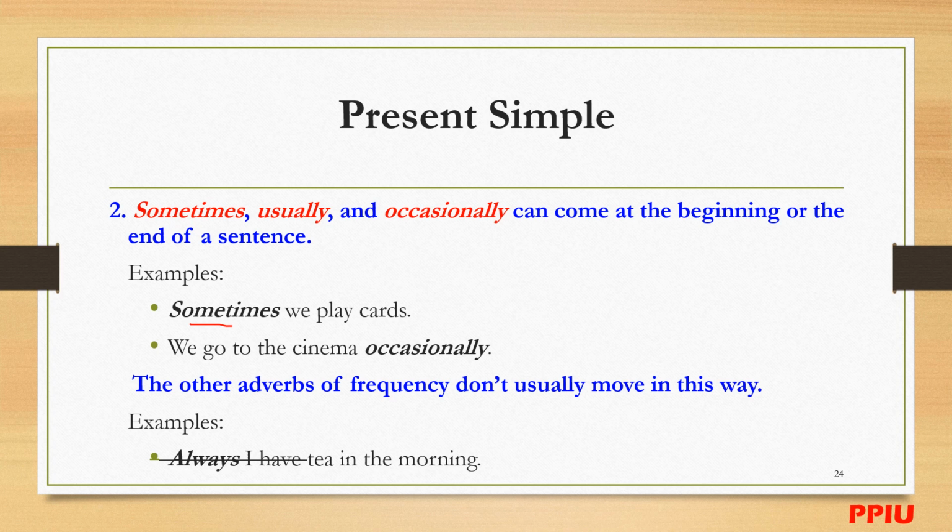"We go to the cinema occasionally." Occasionally is an adverb of frequency. Here you can place it at the end, or you can also use it at the beginning of the sentence.